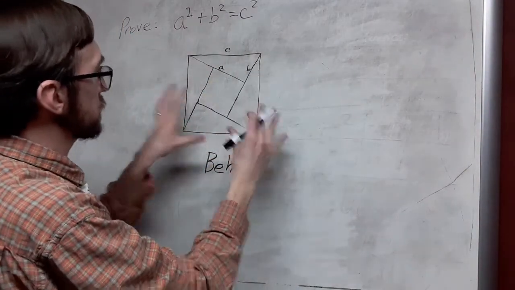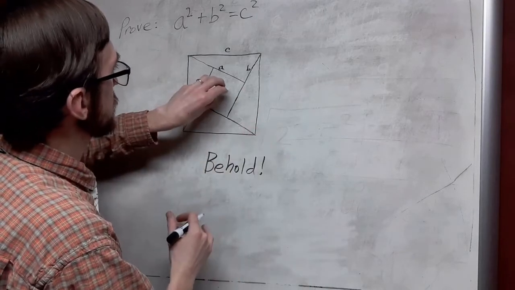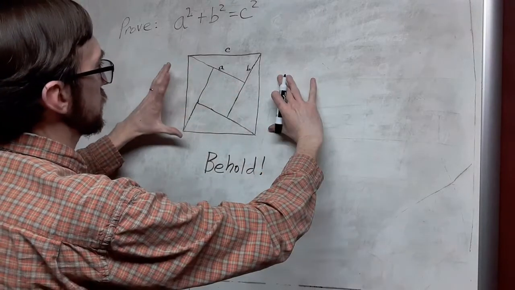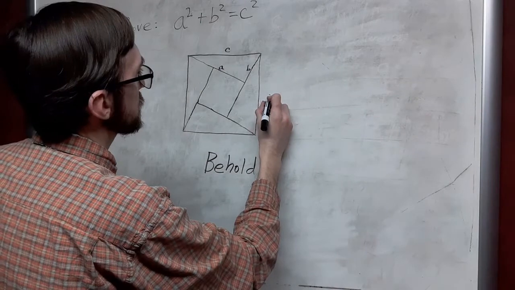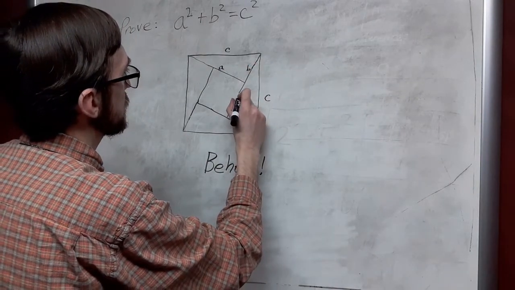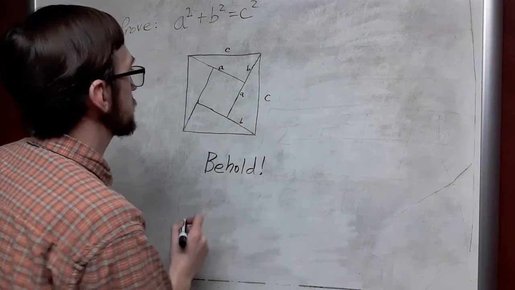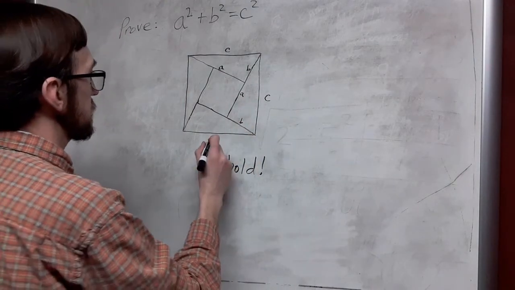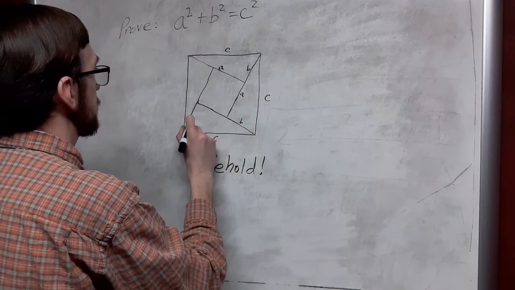All of the triangles are congruent. This ends up being a square in here and a square on the outside. So this hypotenuse again is C, this altitude here is A, and this base is B. We continue around and we do the same thing.